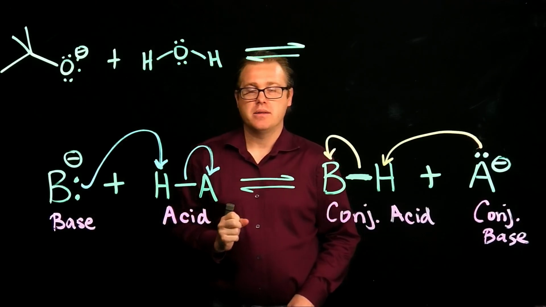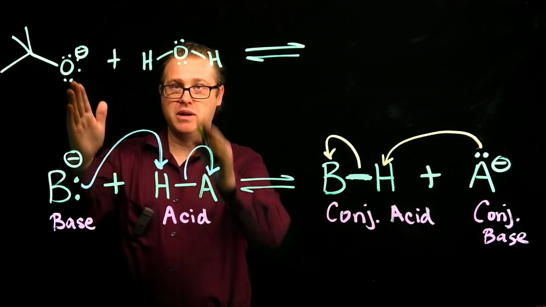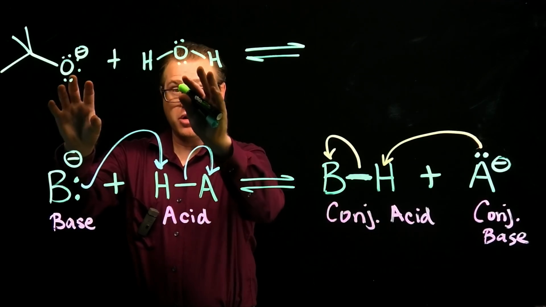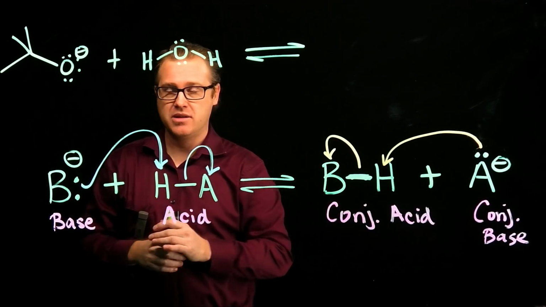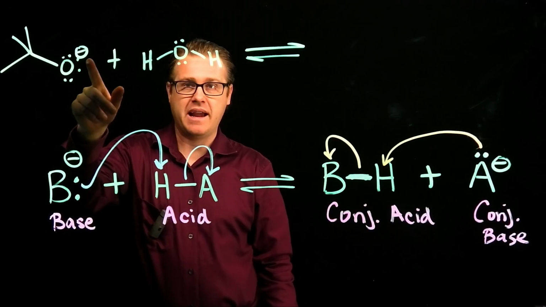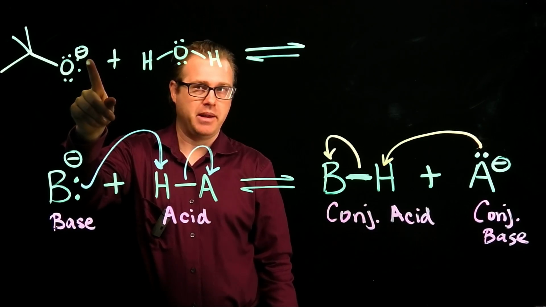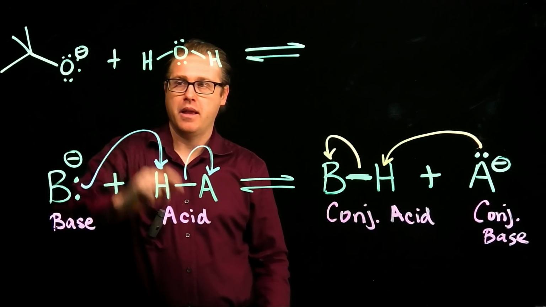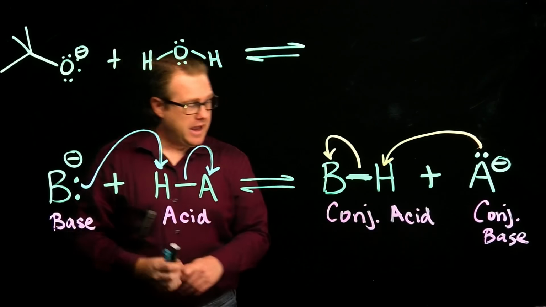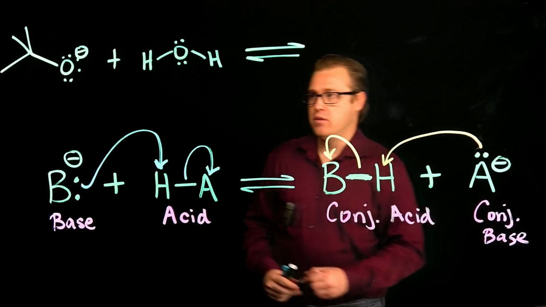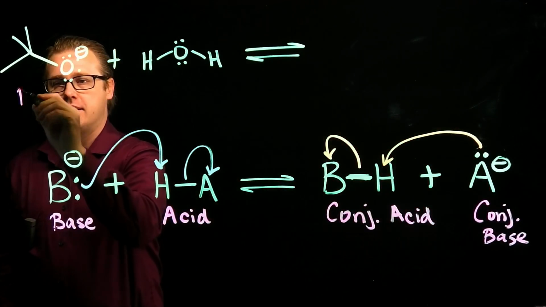More often than not, when you have two molecules and you have to determine which one's the acid or the base, the one with the negative charge is going to be the base. So if we follow that rule here, we will call that the base.